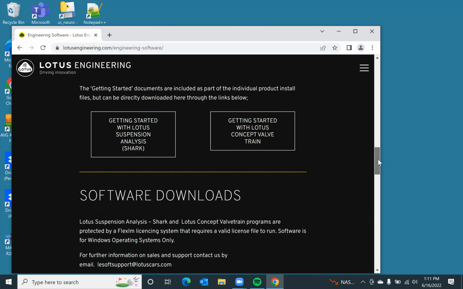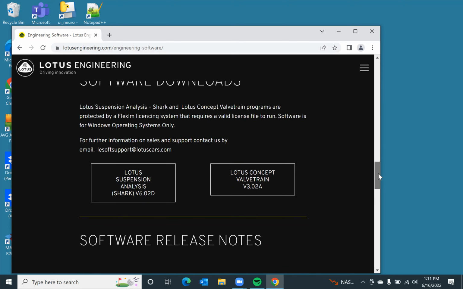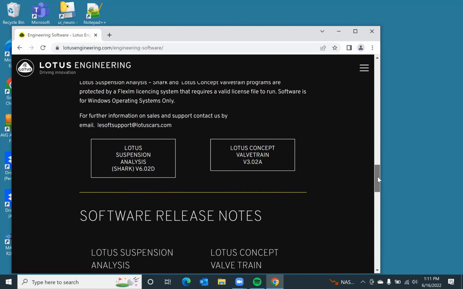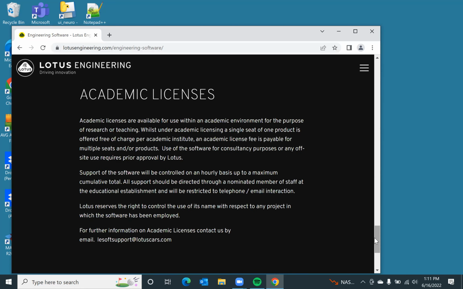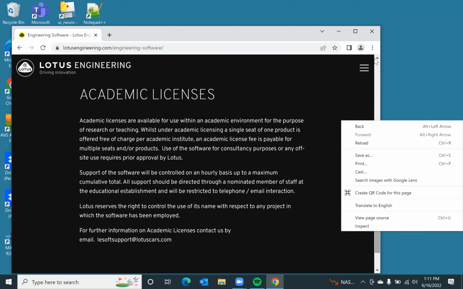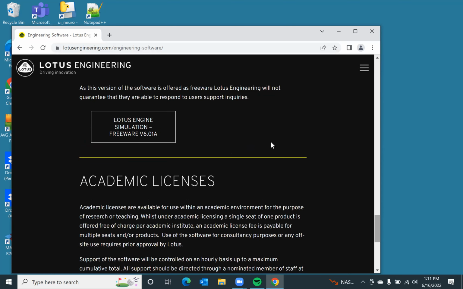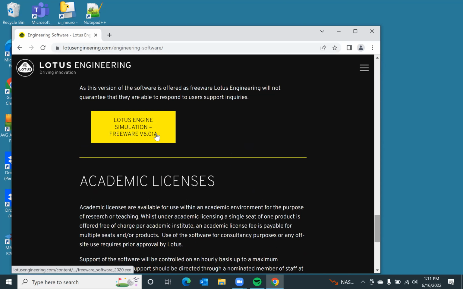But one software that we will use in the class is the Lotus Engine Simulation freeware. Unfortunately, this software only runs on Windows.